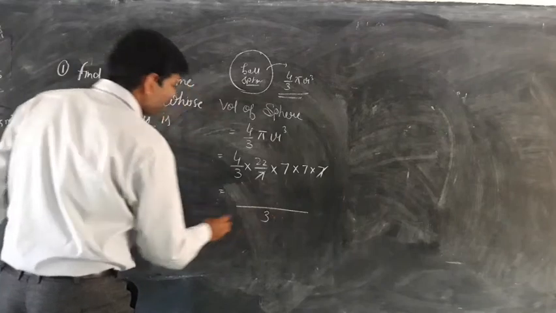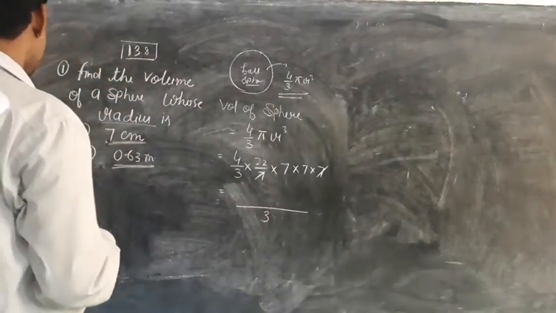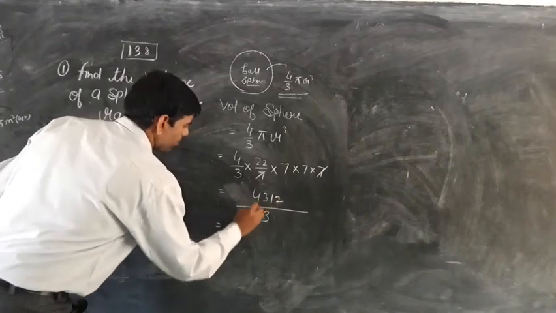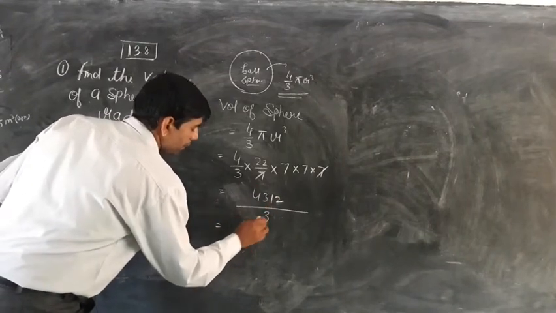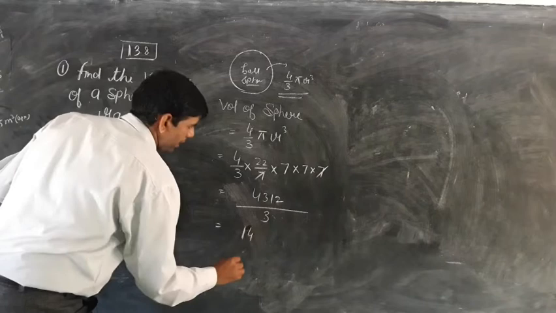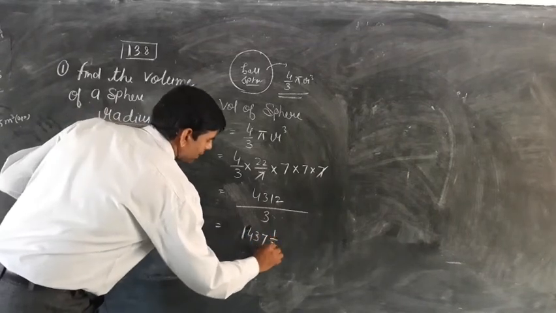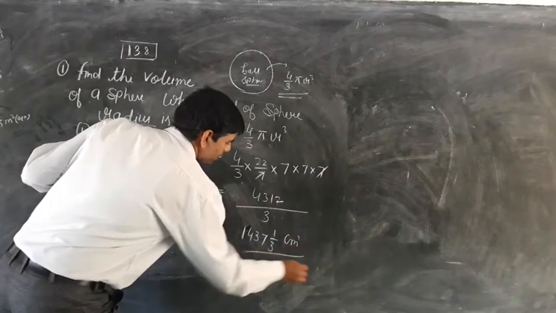Multiplying 4, 22, 7 and 7, we get 4312 divided by 3, that is 1437 and 1 by 3 centimeter cube.